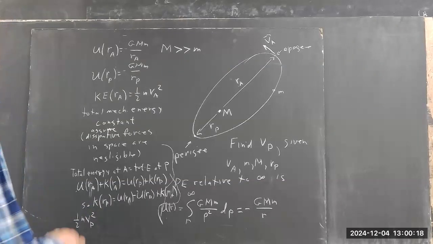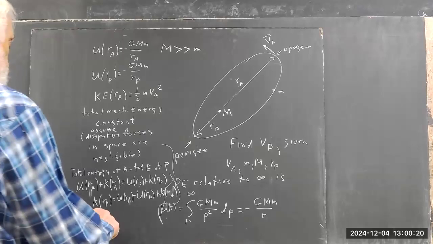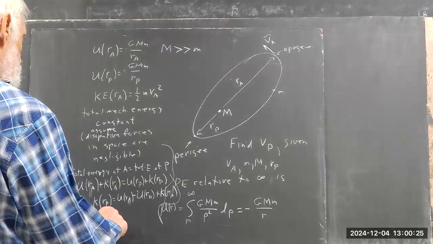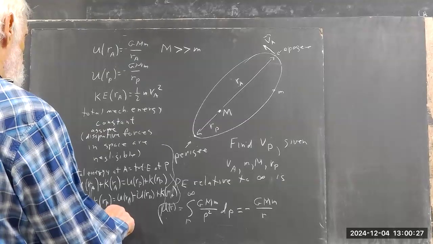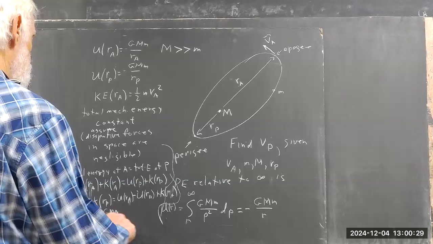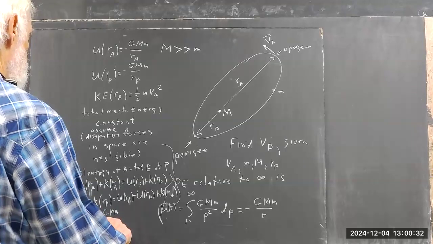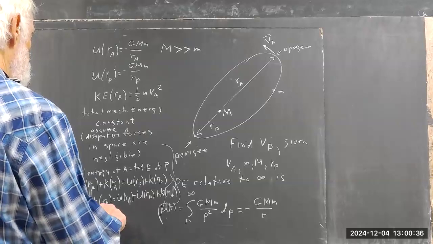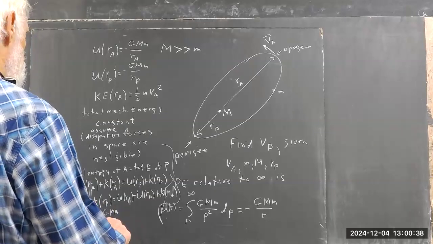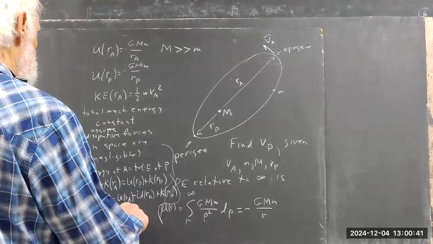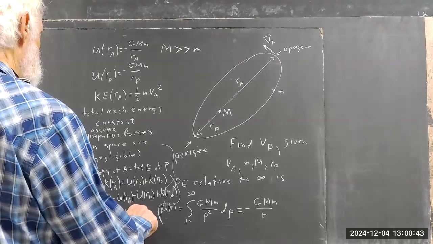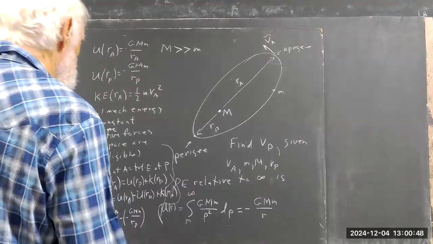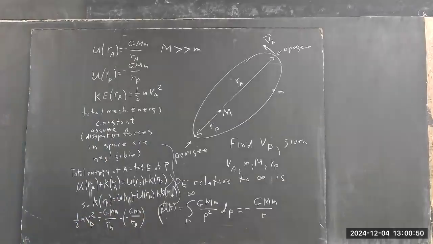So 1/2 MVP squared equals big G big M little m over the negative big G big M little m over R_A minus big G big M little m over R_P.